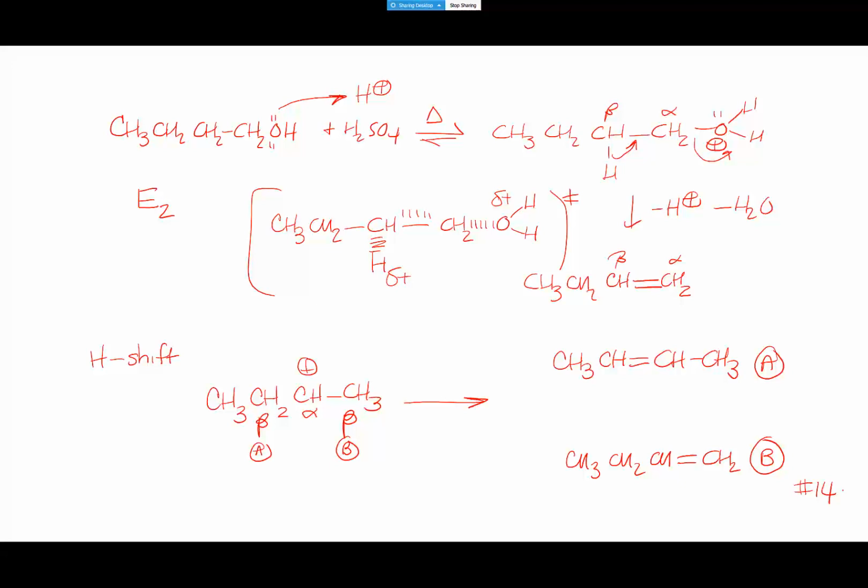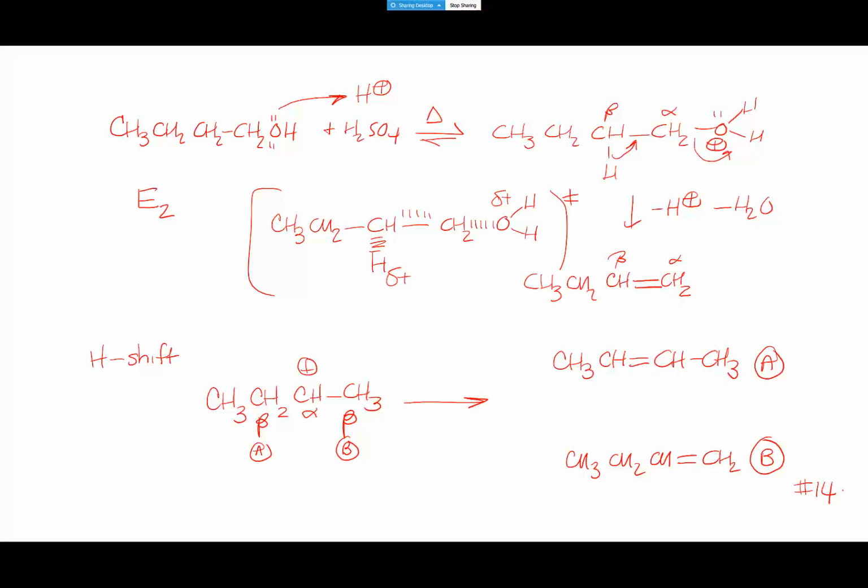So there is only one kind of E2 reaction for an alcohol, and that is an alcohol attached to a primary carbon. And it would have a mechanism that looks like this. And if I said write the mechanism without rearrangement, you would lose the H plus instead of shifting it.